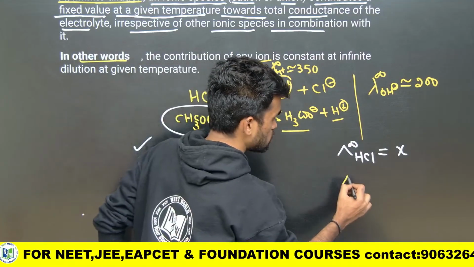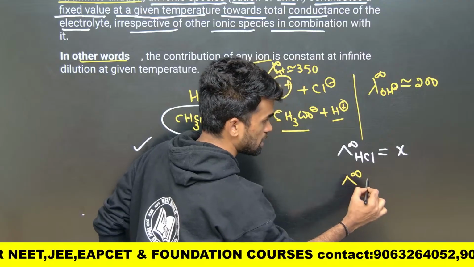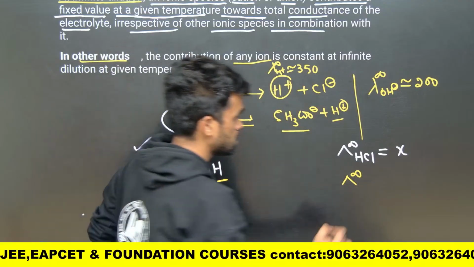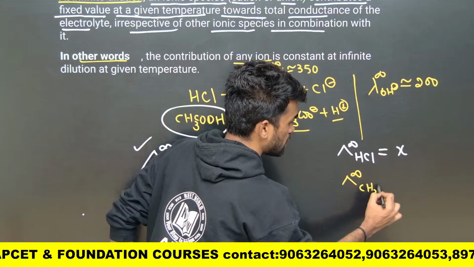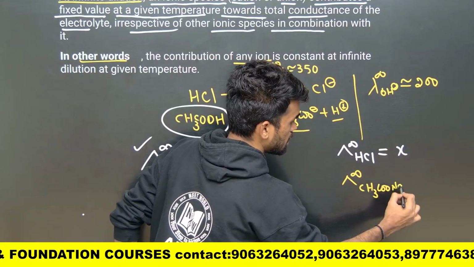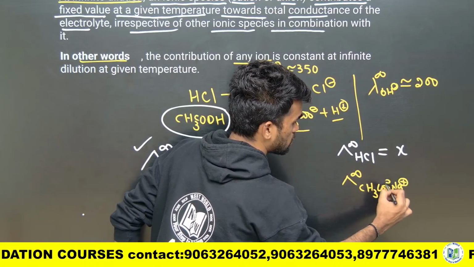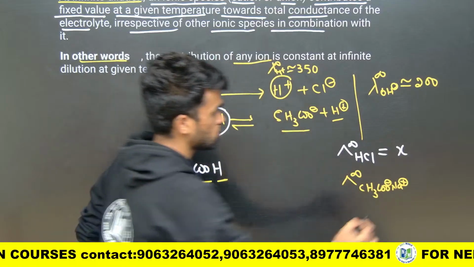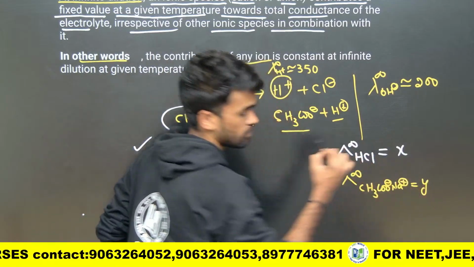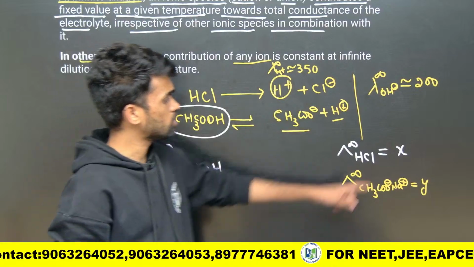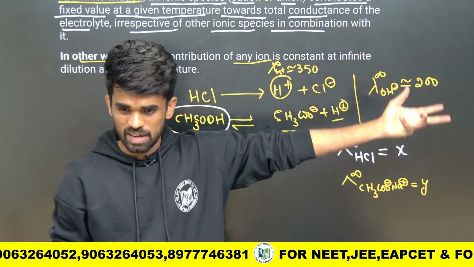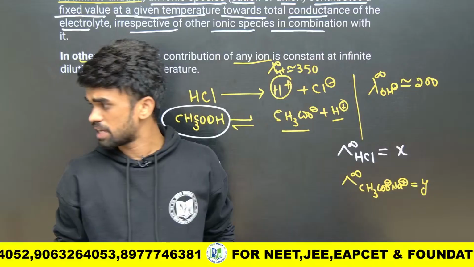Now I can also give limiting molar conductivity of sodium acetate. So tell me, sodium acetate, weak electrolyte or strong electrolyte? Strong electrolyte. So let us take its value as Y. Now these X, Y values, they may mention some other values. For our understanding, I am taking X, Y like that.